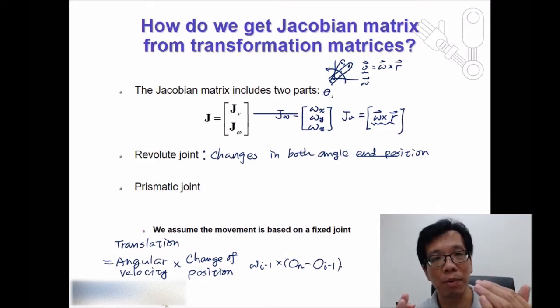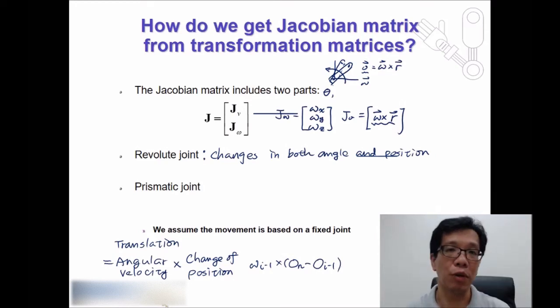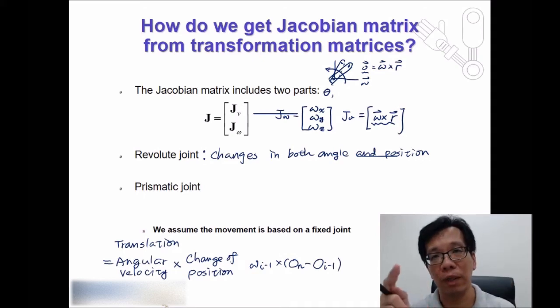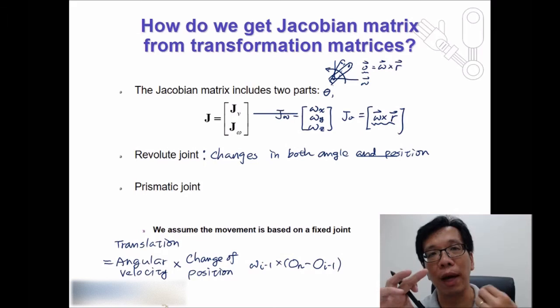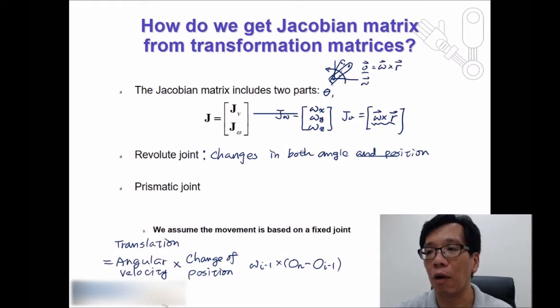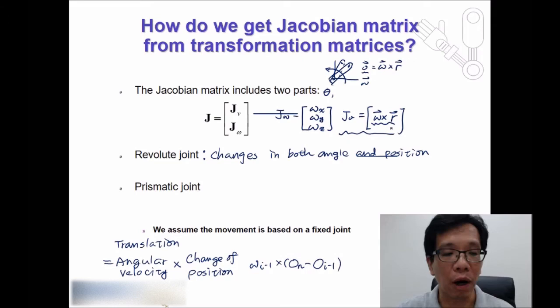So that is going to be the position change from one frame to another frame. So when you know the change of frame in terms of x and y, that is a change of the linear distance. So we multiply this one by omega. That is going to be the angular velocity, linear velocity term, and that is how we get this part over here.